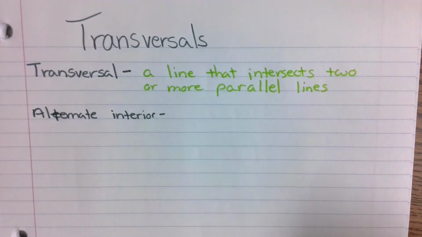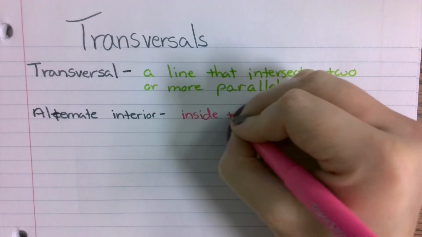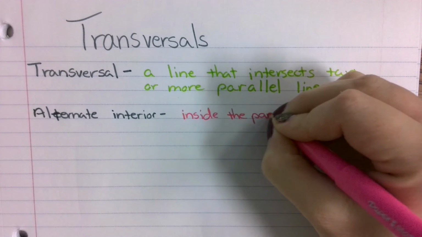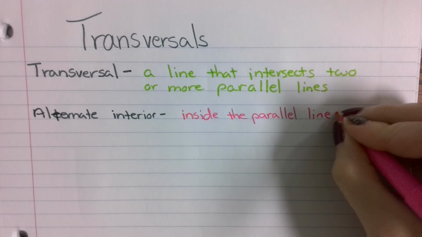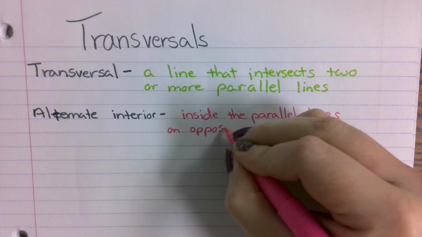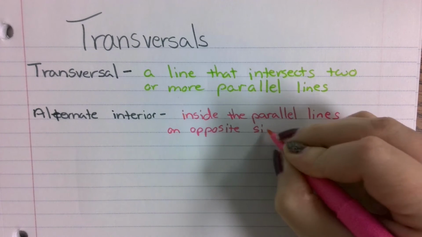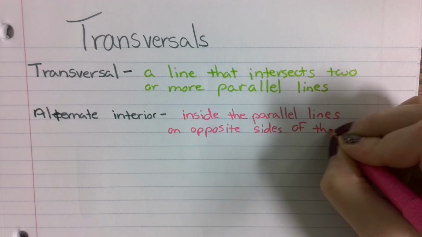We'll show examples of those in just a second. So these are inside the parallel lines. They run in between them. And they are on opposite sides of the transversal.